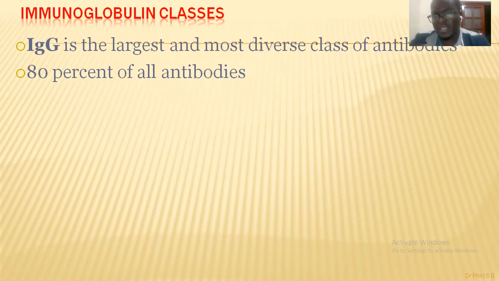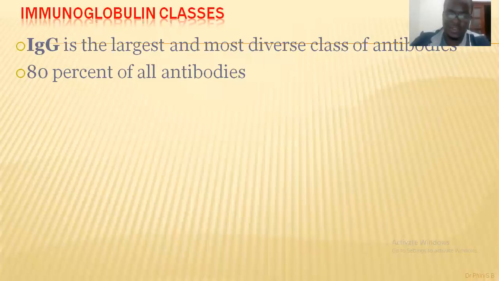Then that production will overlap with the production of IgG. So the IgG will now spike. They are the majority in terms of the antibodies because they're the ones that can attack viruses, bacteria, fungi, toxins. They are not very specific because they can bind to a lot of things. So that's why they're common.